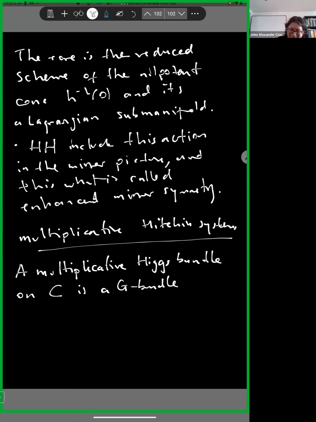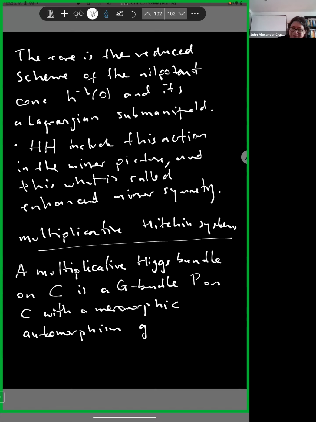Let me change the notation: before I called it E, but I now want to use multiplicative, so let me change to P. So it's a G bundle P on C with a meromorphic automorphism.